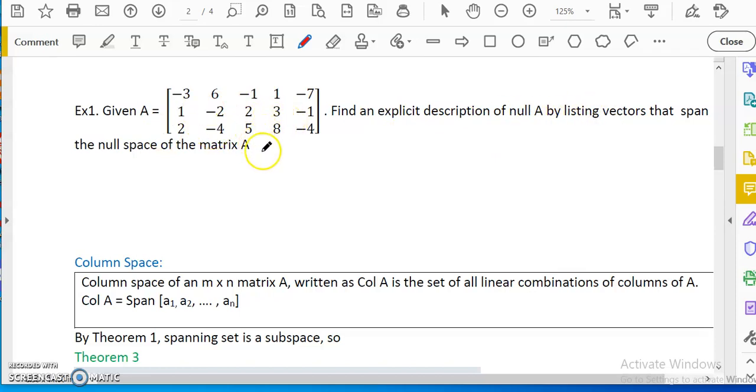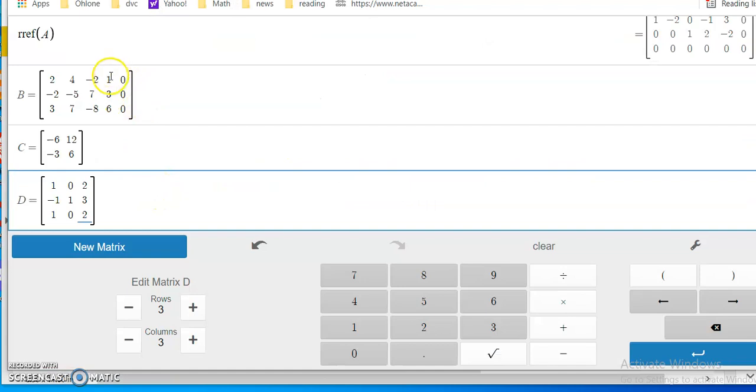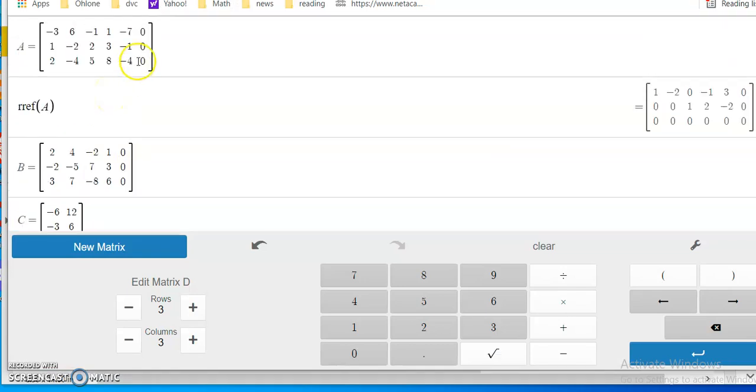Okay, so step 1, I write all of these together. These are the equation AX equal to 0, because it's the null space of A. I'm solving this, with the right side being 0, 0, 0. Then I'm going to make an augmented matrix. I already put it in here.